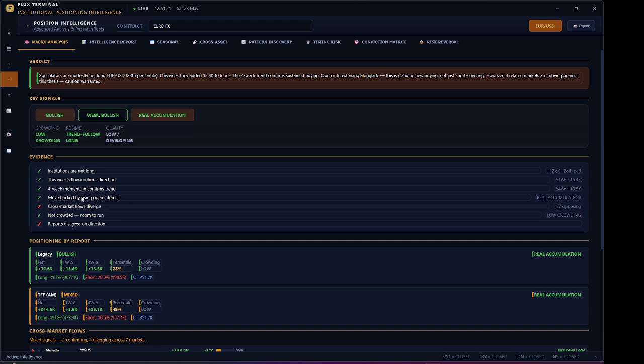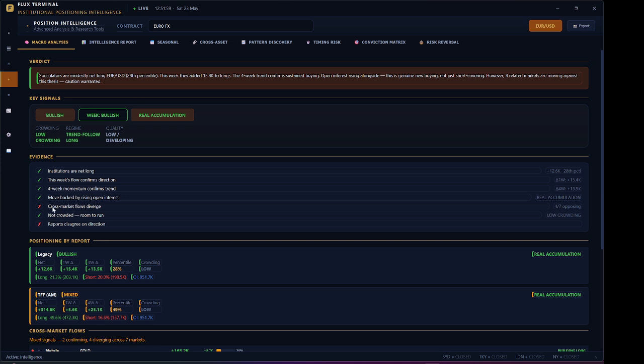It goes through a set of different requirements to find out, through the reports, the institutions' positions and the weekly flow, the momentum, how the 4-week momentum is changing, compared to their positions on open interest, how the open interest is changing, whether it's trending or not trending, which is sideways. And then the cross market flow as well.